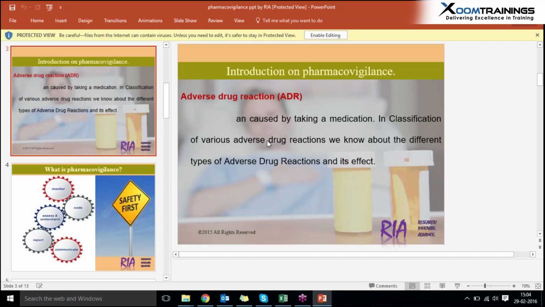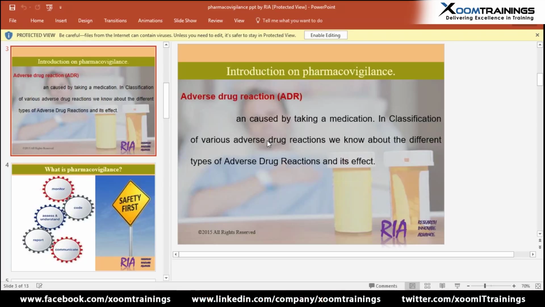As a definition, an adverse drug reaction is caused by taking a medication. After taking it, it will give the therapeutic action, and along with that some untoward response is also going to occur. These untoward responses are classified as adverse drug reactions.